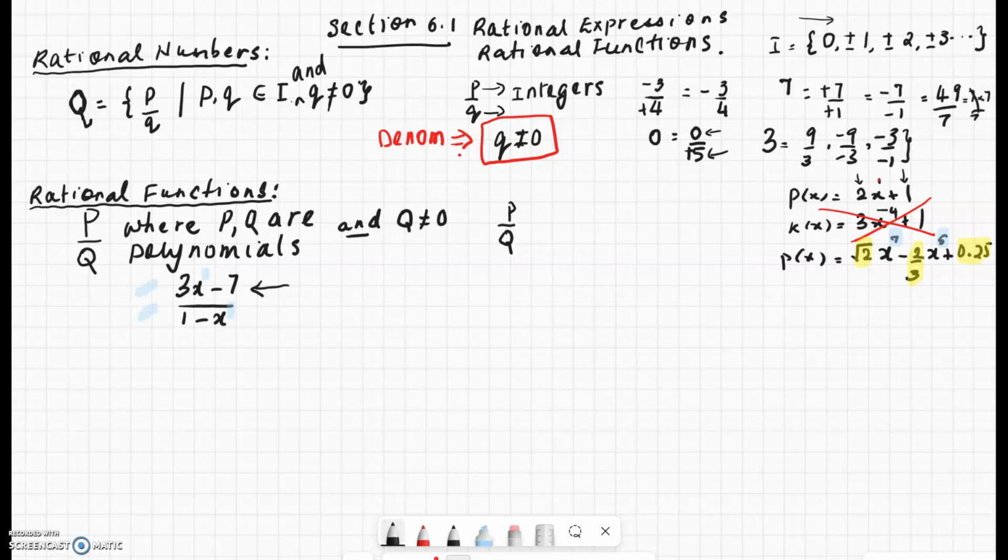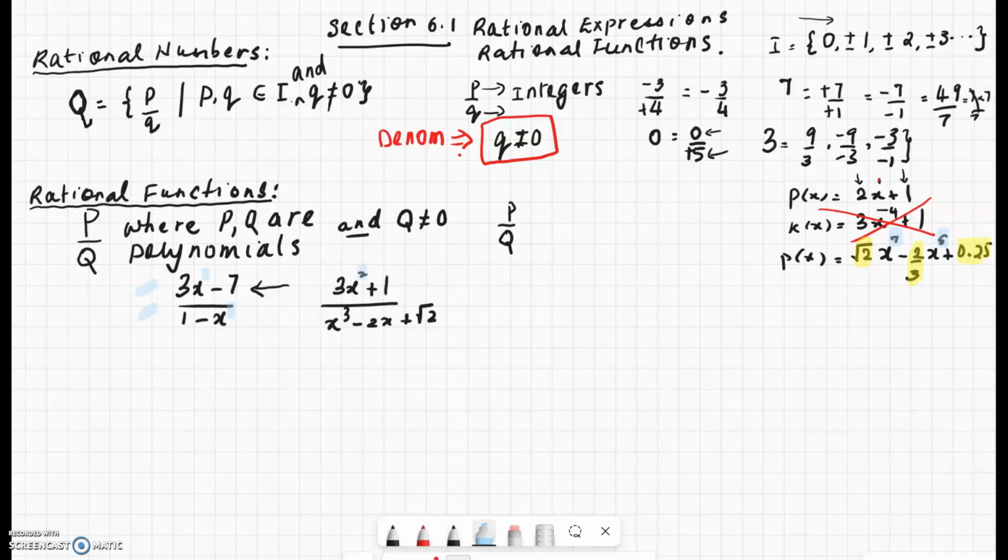Let's look at more examples. If I have 3x squared plus 1 over x cubed minus 2x plus radical 2, is this a rational expression? We're looking at expressions first. We'll think about functions a little later. So the answer is yes.